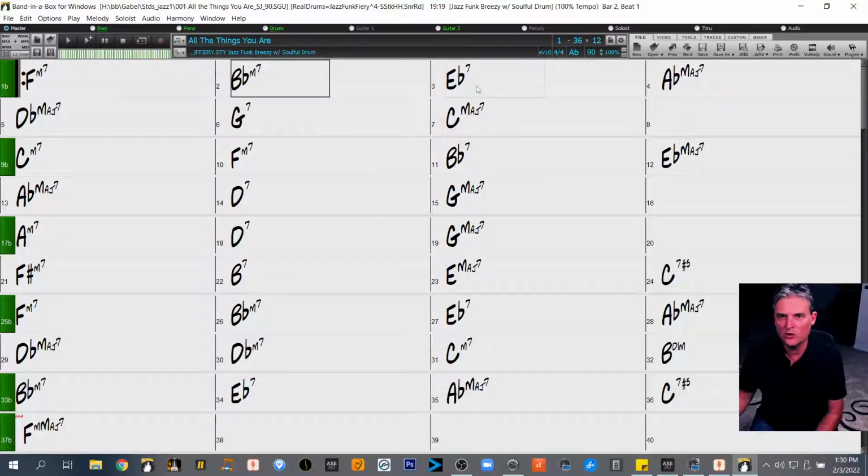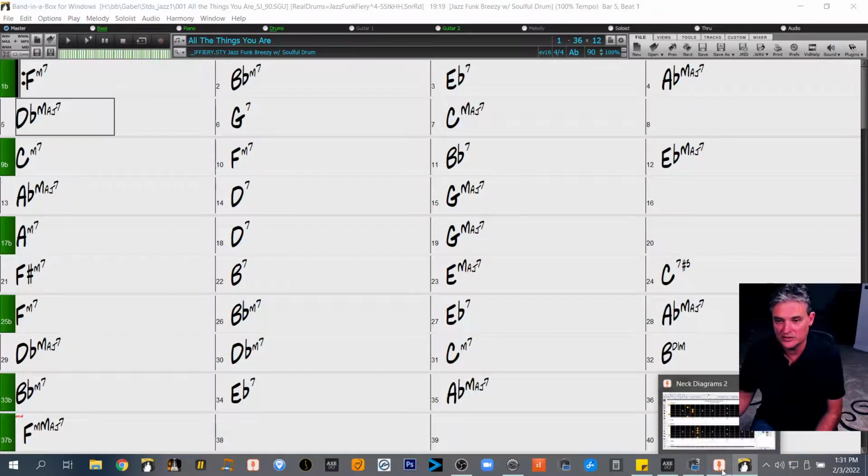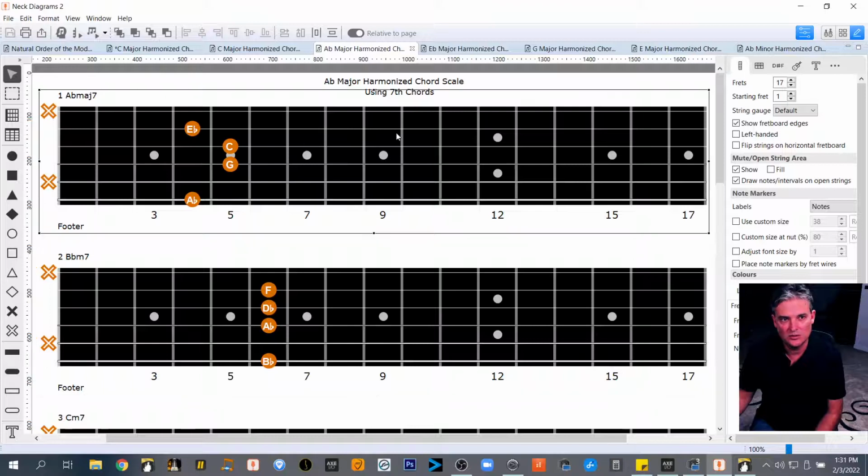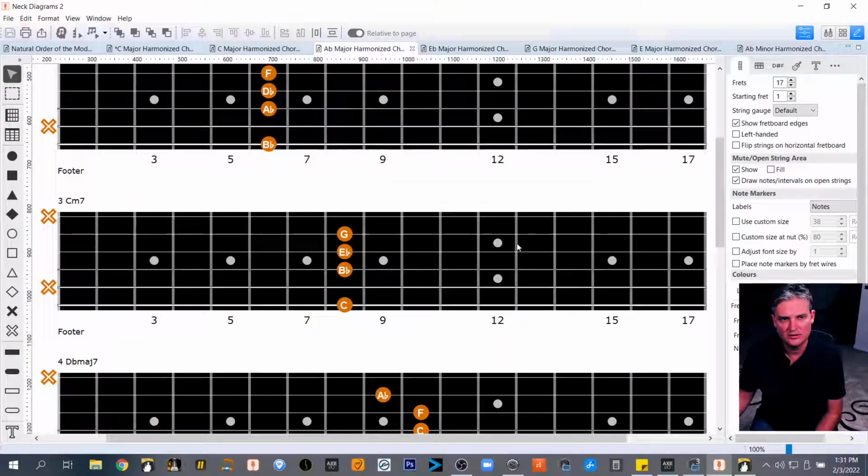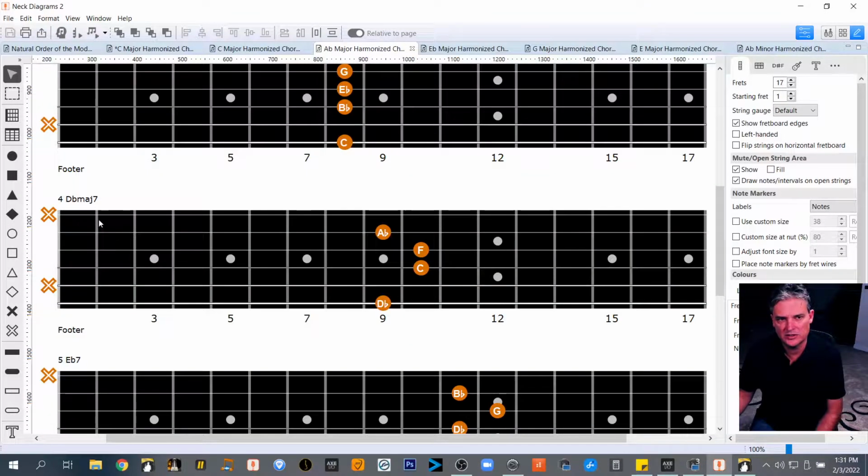If we move forward, we would be at E flat 7. If we move 4 degrees again, we'd be at A flat major 7. After A flat major 7, we've got a D flat major 7. I wonder if you can guess what that is. If we move 4 degrees, we're at the 4 chord, D flat major 7. Is that true? All right, 1, 2, 3, 4, D flat major 7.